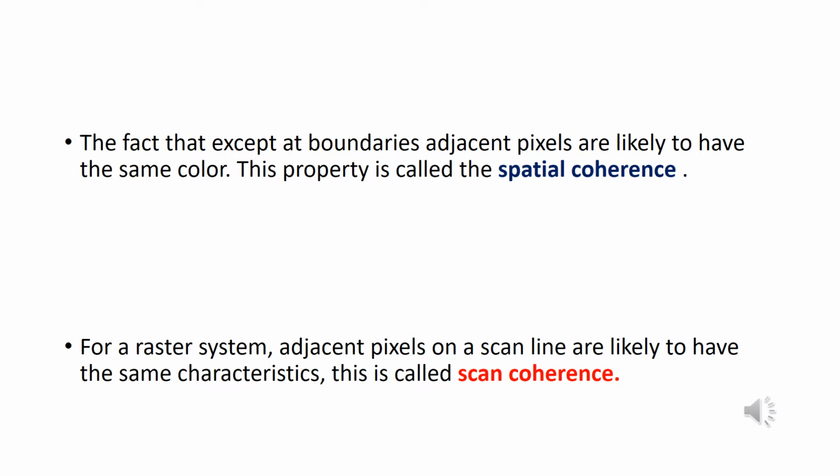For a raster system, adjacent pixels on a scan line are likely to have the same characteristics. That means for a particular scan line, consecutive pixels are likely to have the same color. This is called scan line coherence. Using this property, we fill every pixel along a scan line within the polygon.